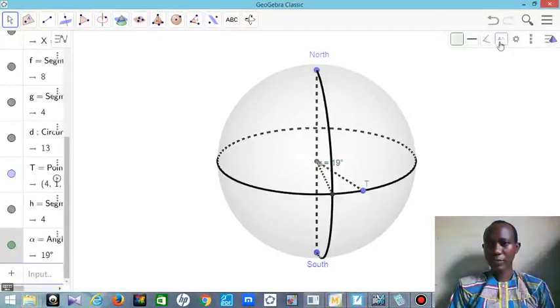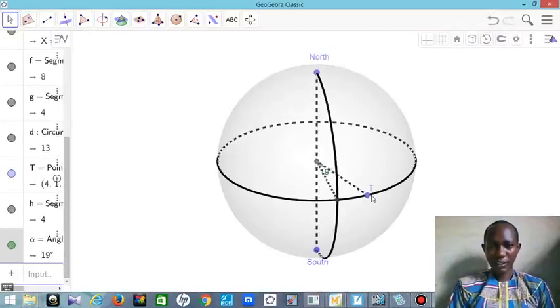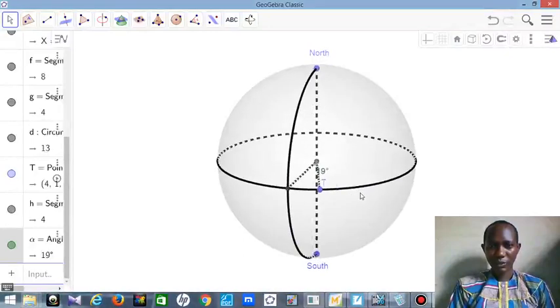I think you can see it clearly. So it's like this.